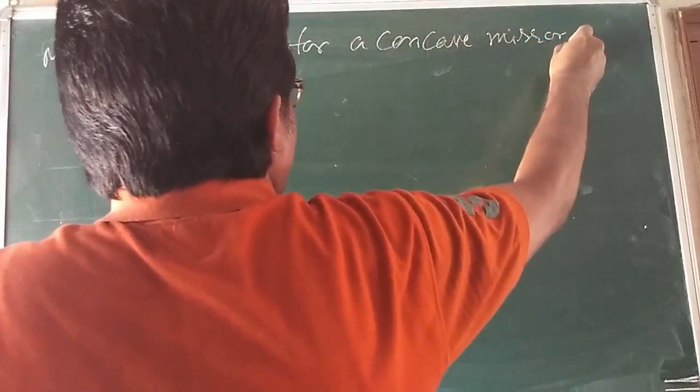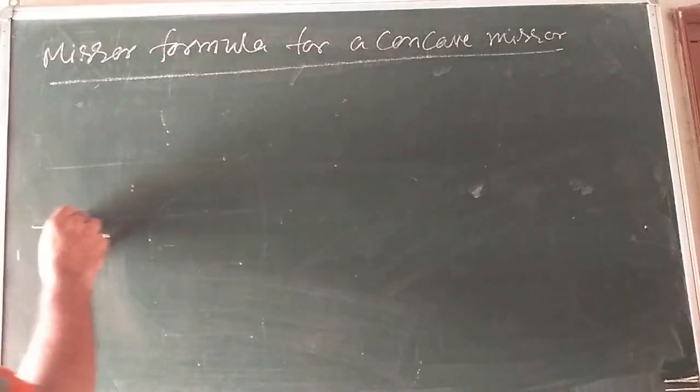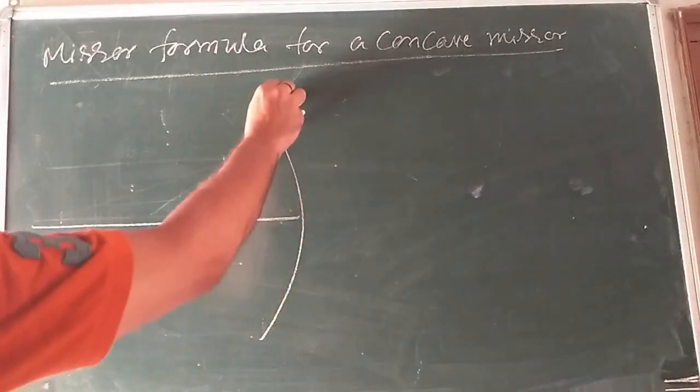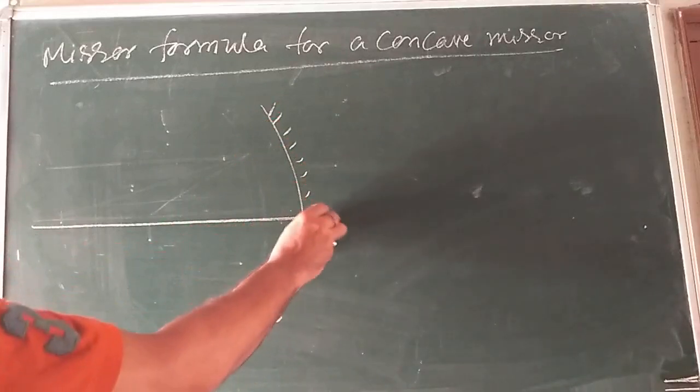Here, for that I am drawing a figure first. This is our principal axis. Here it is our concave mirror. This is the pole.